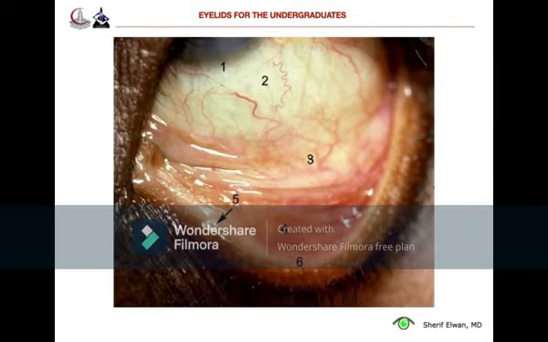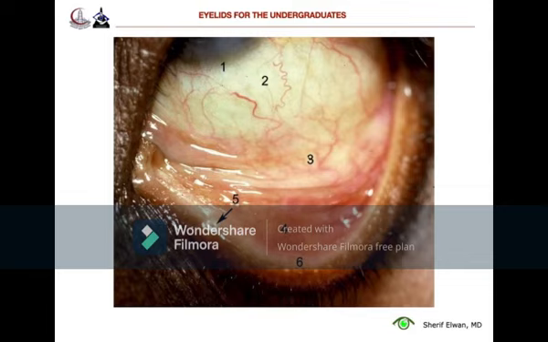And as you can see here, this is a picture of the surface anatomy, the anterior surface of the eye, but with the lower lid pulled out and down. Number one is the limbus, number two is the conjunctiva covering the sclera, and number three is the inferior fornix.